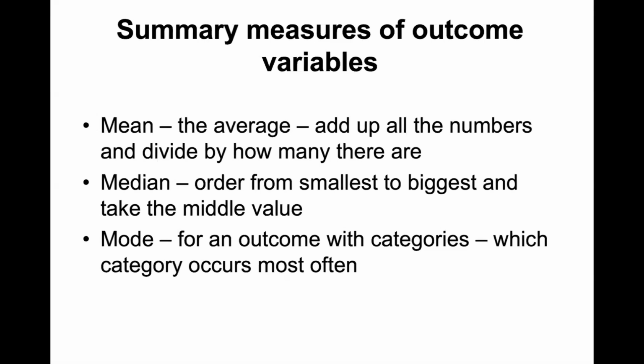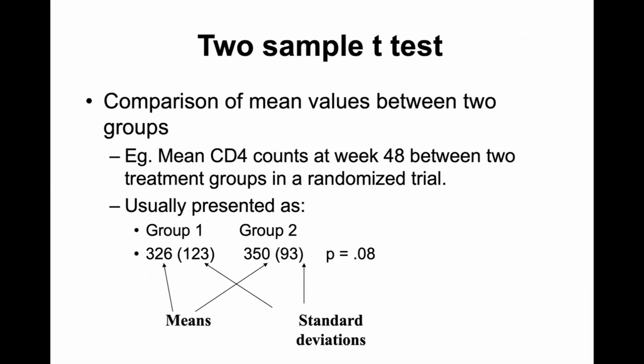Okay, now we're finished with what we use statistical analysis for summary statistics. The second thing we use it for is comparisons. We're just going to pick 2 groups. For continuous variables, when you're comparing 2 groups, the test we use is the t-test.